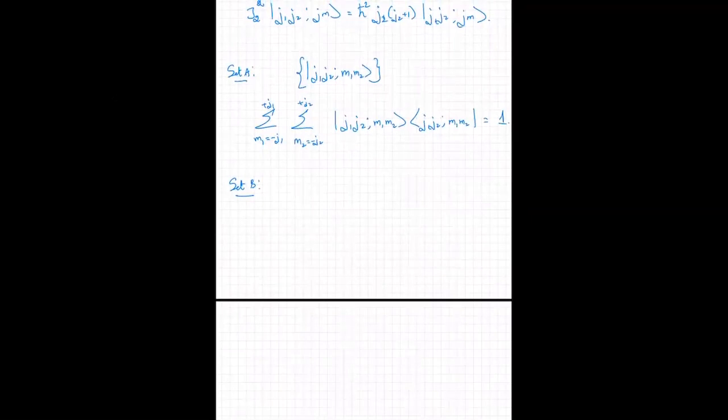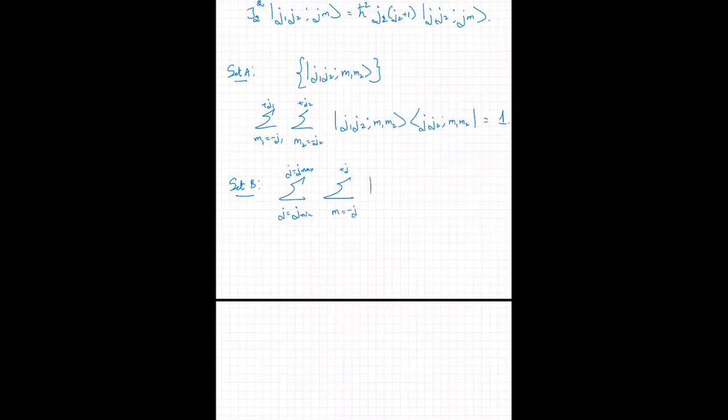And for each J, obviously, my M can go from minus J to plus J. So my J goes from some minimum value to some maximum value. I need to figure out what these are. But for each J, my M value goes from minus J to plus J.